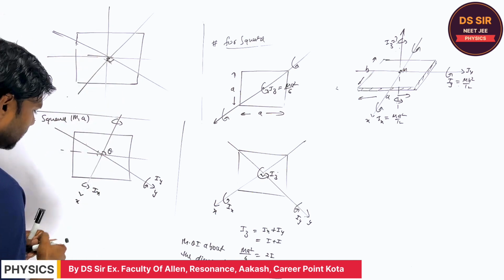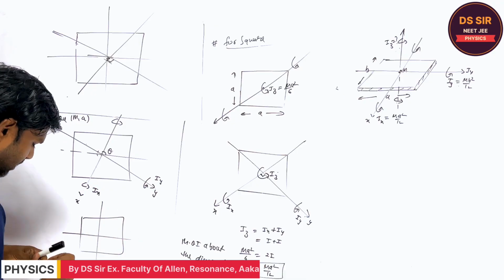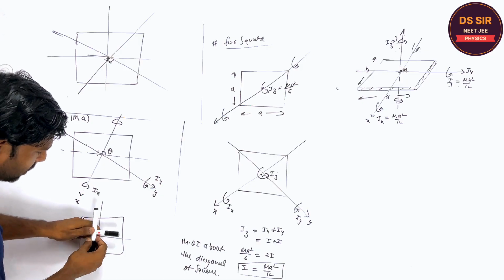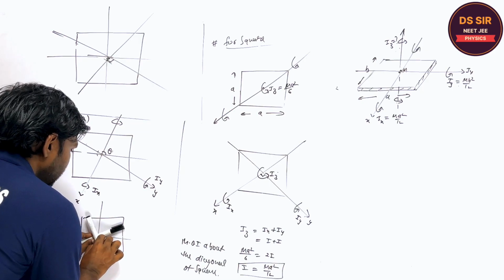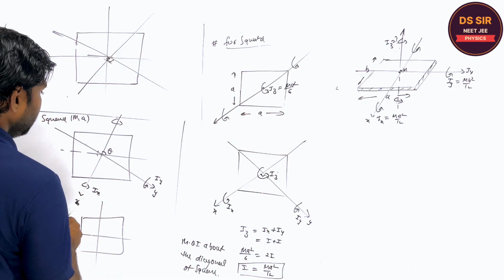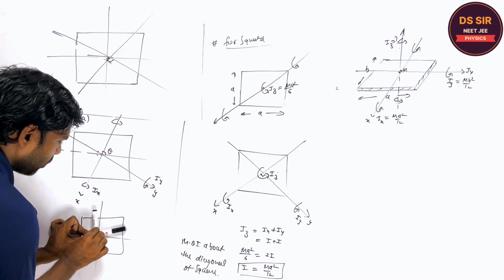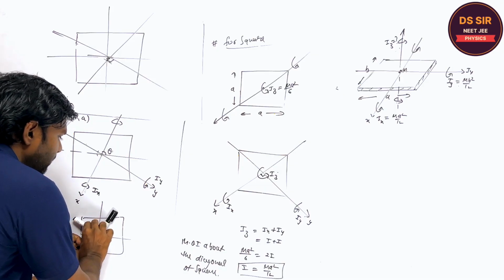Suppose this is the square, right? If this is one axis, this is the other axis. So if I rotate by angle theta like this, this is the axis. If I rotate by some angle like this, right, like this. Are you getting?